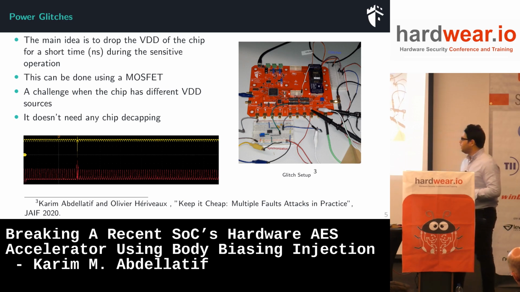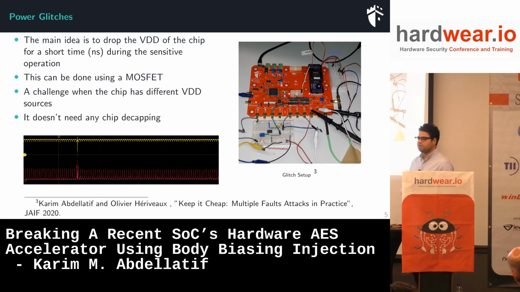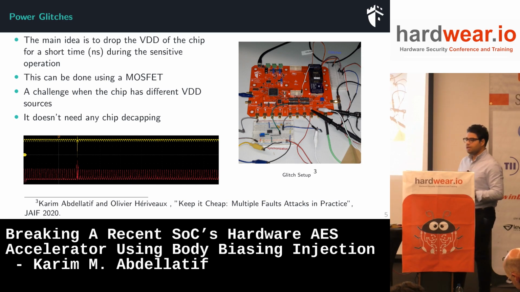The first challenge is that the effect of the glitch is very general on the chip itself. For example, if you are attacking a complex SoC and you would like to target the crypto core of the chip, it's very difficult. You'll find a lot of pins for different VDD, and you don't know exactly which one you have to glitch. And even if you are glitching the correct one, you won't be more precise.